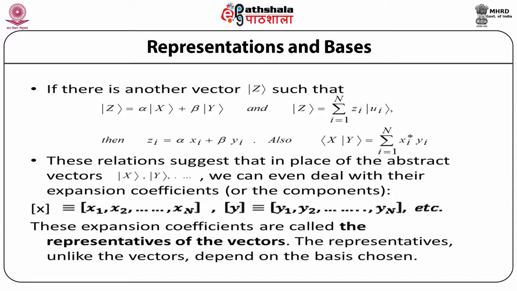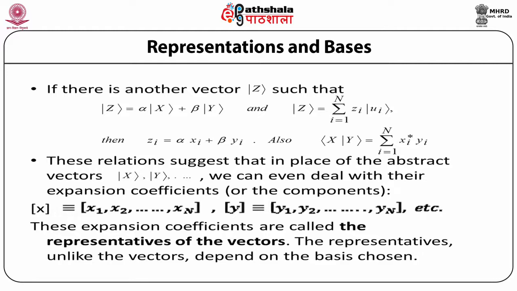Now, if the ket vector z satisfies these two above mentioned equations, then we can write the coefficients zi for the ket vector z as zi is equal to alpha times xi plus beta times yi. Also, the bra vector x with ket vector y, the inner product, is given as the summation over i going from 1 to n of xi star times yi, where xi star is the complex conjugate of the coefficient xi.